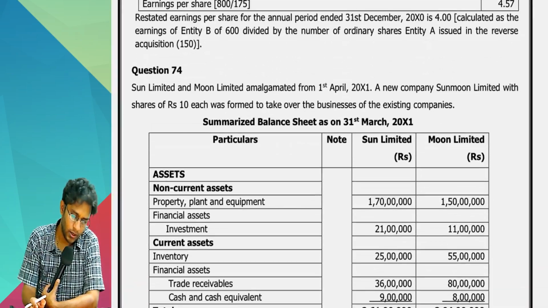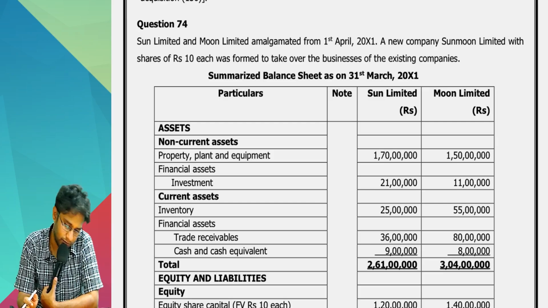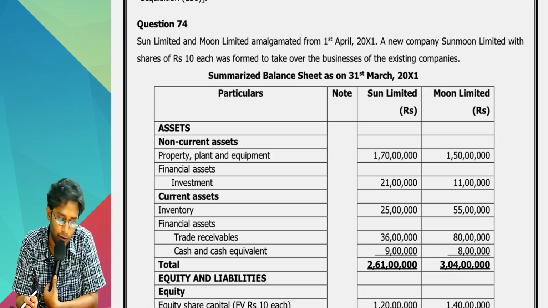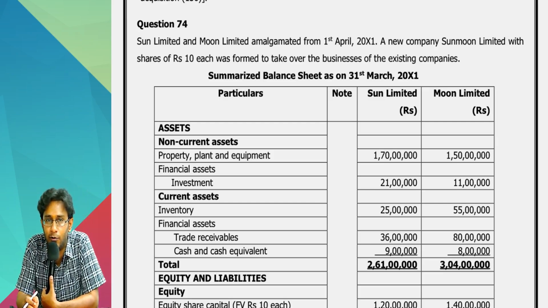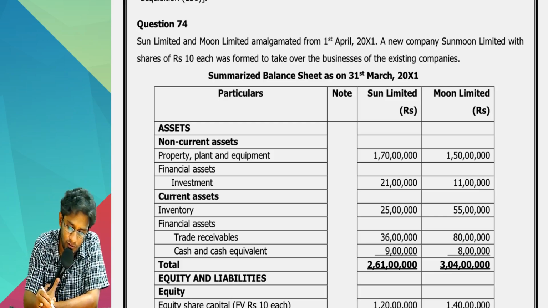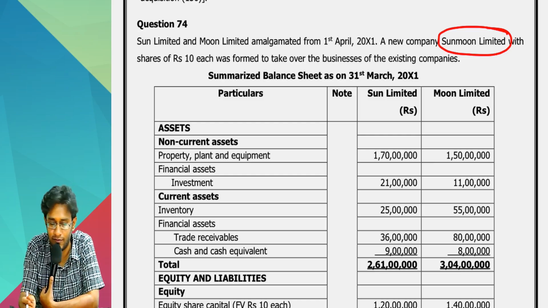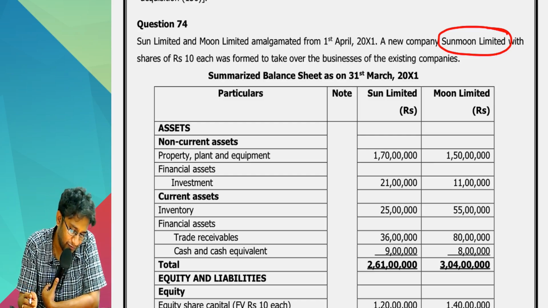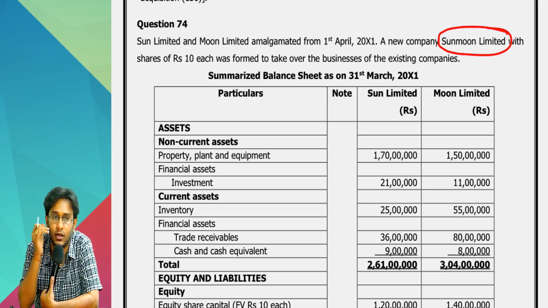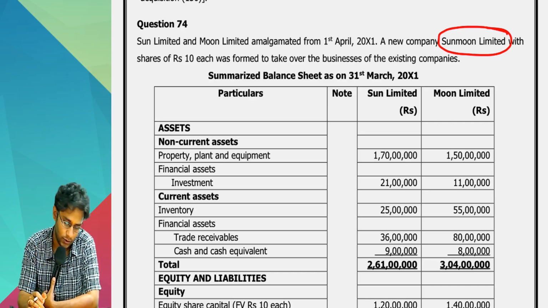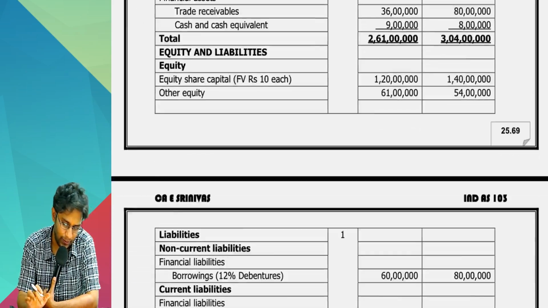Okay. Sun and Moon amalgamated from 1st April 20x1. When Sun and Moon amalgamate, what will get formed? Sun Moon. Okay, that's bad. Actually, only Sun Moon will be formed, with shares of 10 each, to take over the business of existing companies. So Sun Moon is a new company that is taking over Sun and Moon. They got PPEs, investments, and the routine. Their balance sheet numbers change.